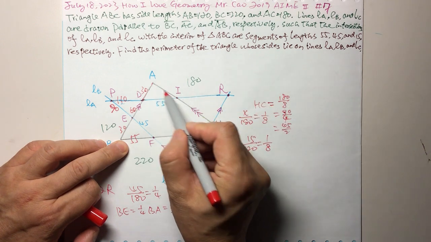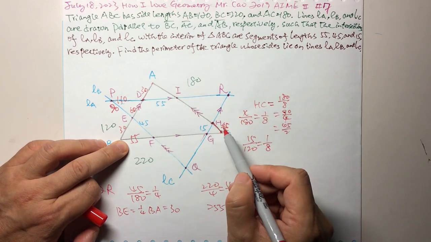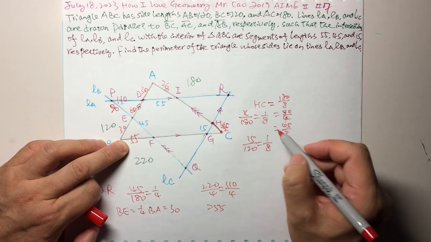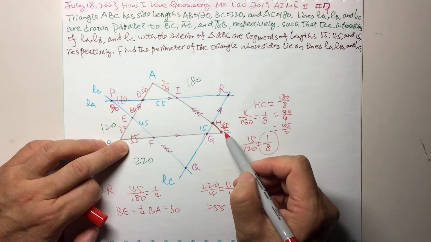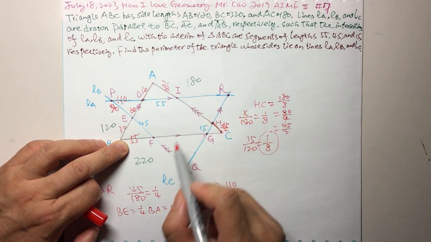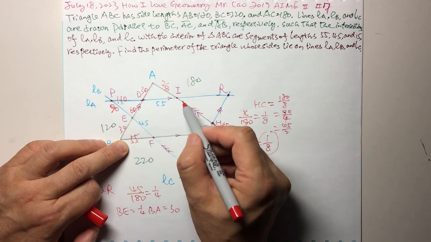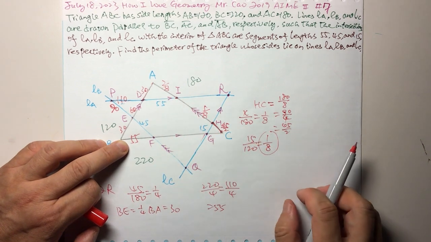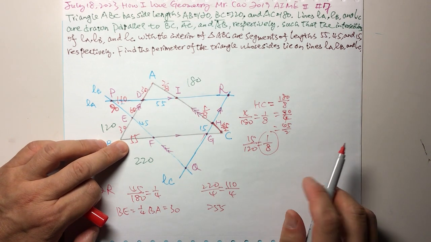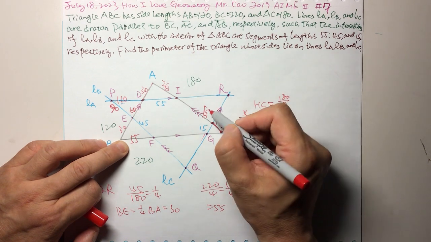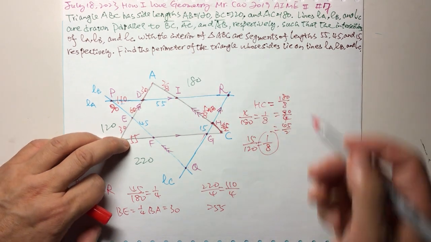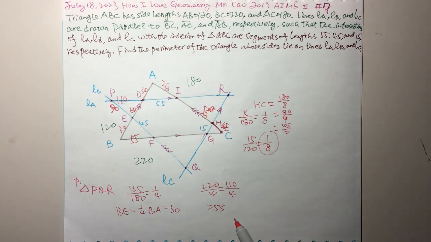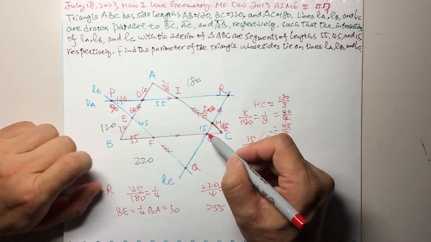And we know this one is 1/4 of the total, so it's 2/8, and here is 1/8. So HI will be 5/8 of the total, which is 180. And this is 15.